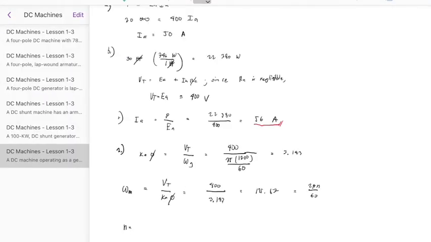So n is equal to 125.67 times 60 divided by 2 pi. So that's equal to 1,200 RPM. So man na siya ang atong speed.